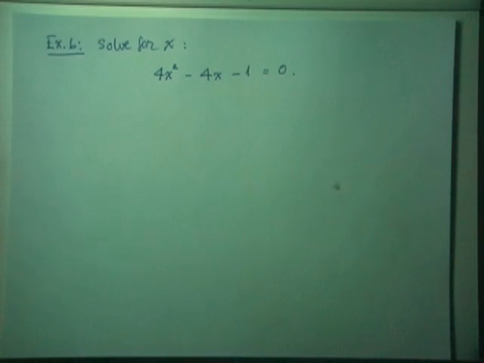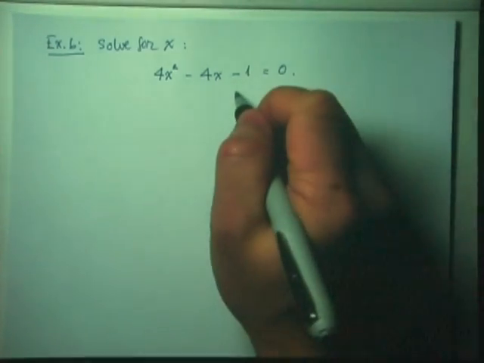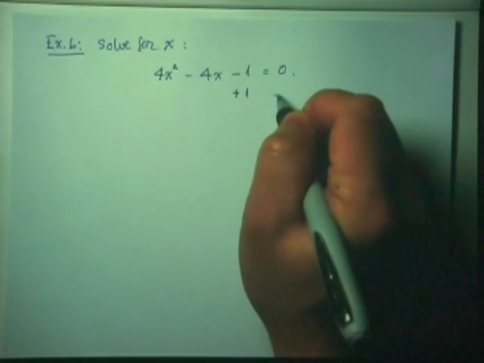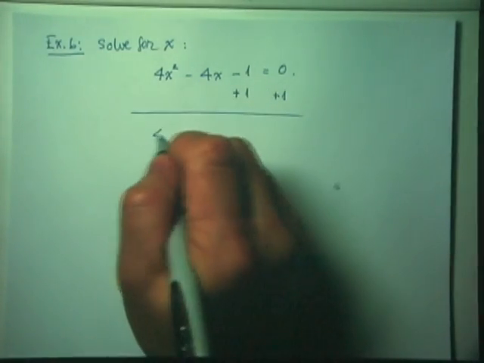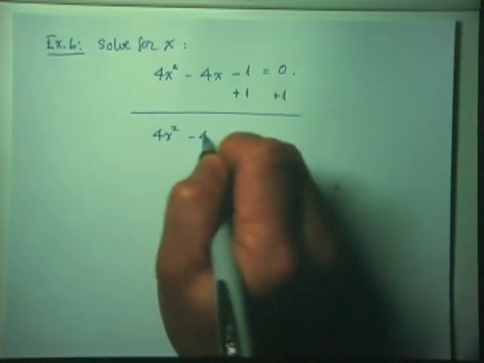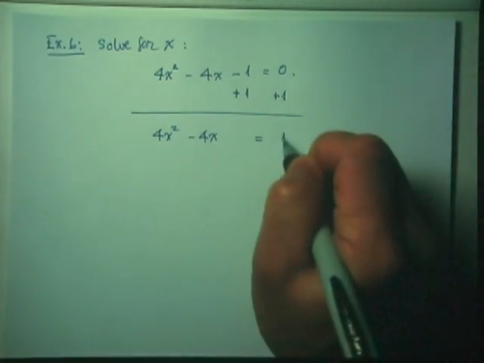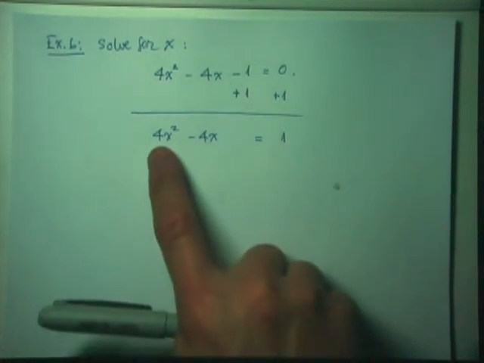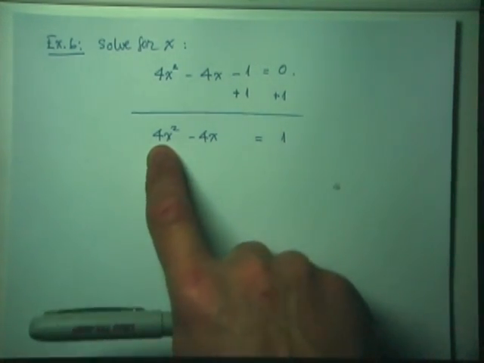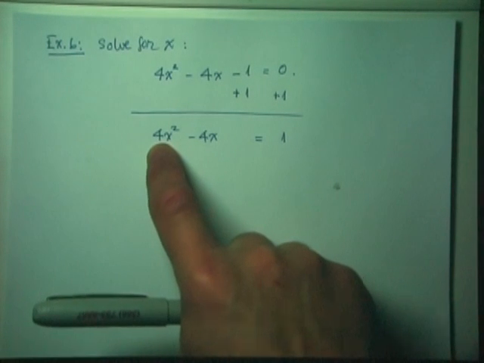Not yet. So what I need to do, simply add 1 to both sides, and that gives me 4x squared minus 4x equals 1. And here, I'm not even at the ordinary form yet because my leading coefficient, my x squared term, has coefficient 4, which is other than 1.